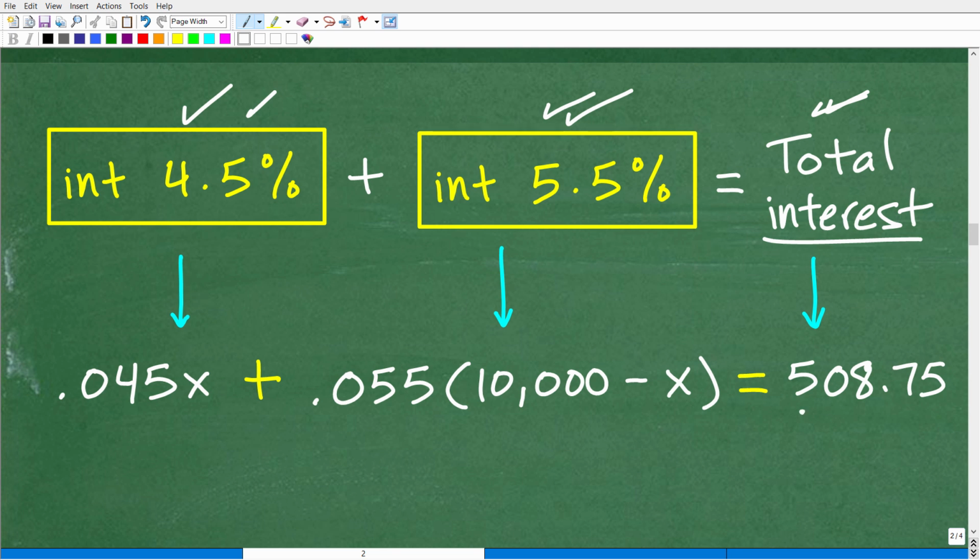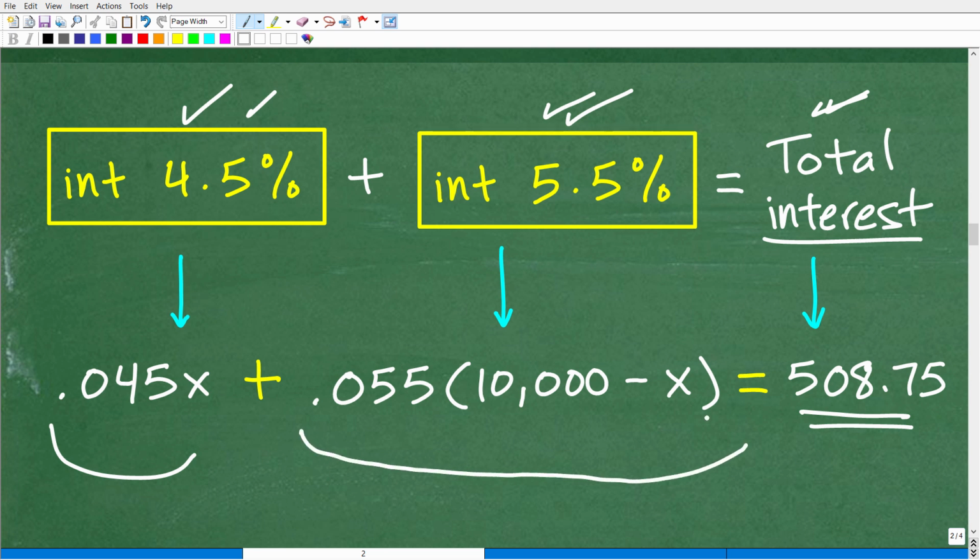We know our total interest was $508.75, and now we know our interest from the 4.5% account we can represent as 0.045x, plus the interest from the 5.5%, which is 0.055 times 10,000 minus x, and that's going to be equal to our total interest. So what do we have here? We have a beautiful equation, okay, that involves x. So our objective here now is to solve this equation for x.